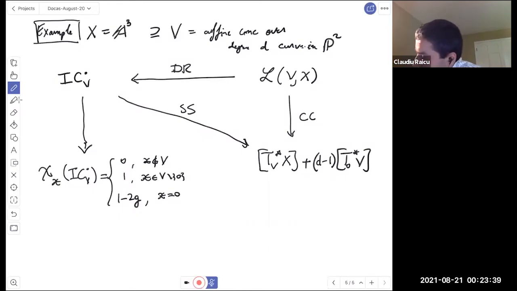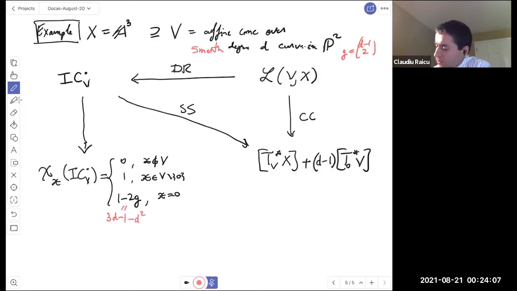And so perhaps I should remind you that this is non-singular, and then the formula for the genus of a plane curve, which is (d minus 1 choose 2). So if you do the calculation over here, you get 3d minus 1 minus d squared.